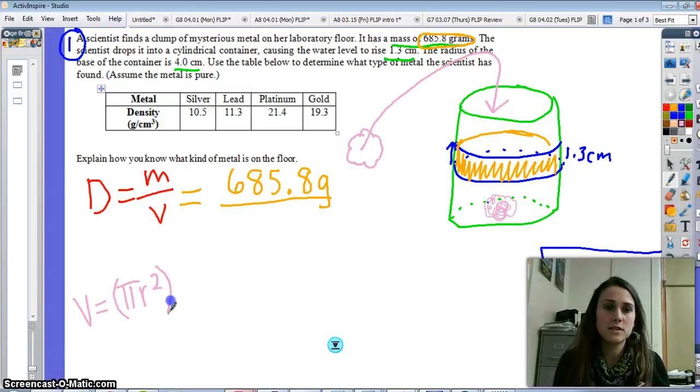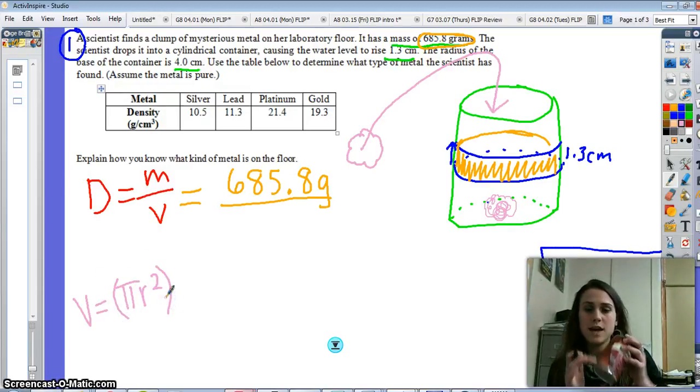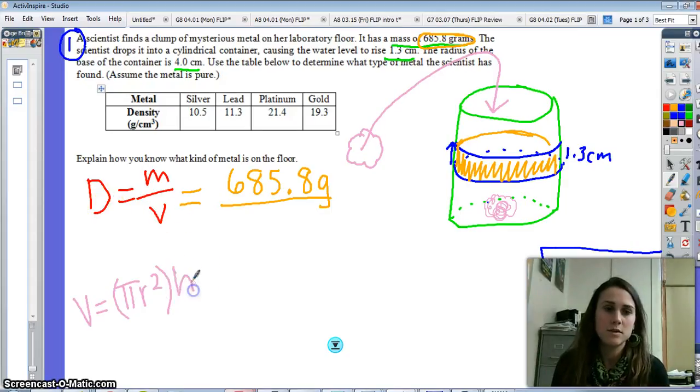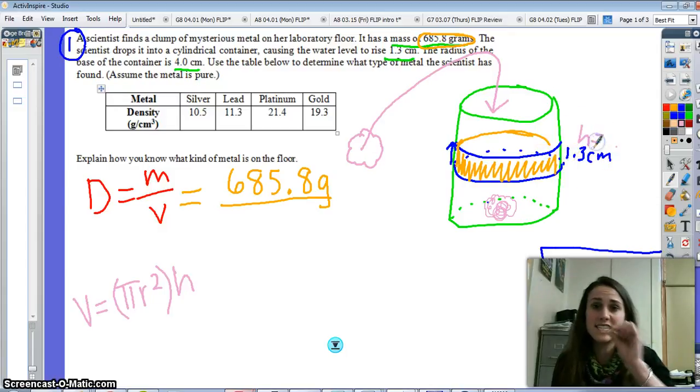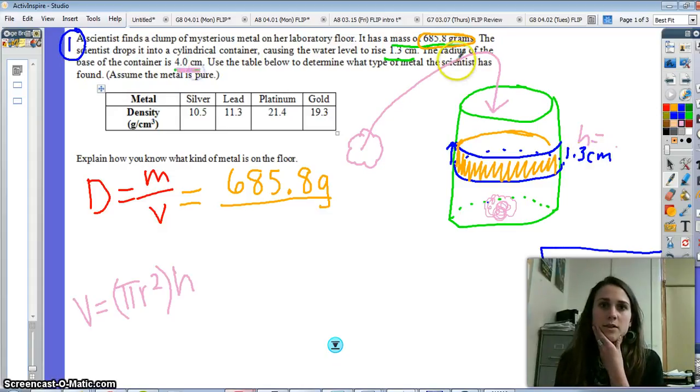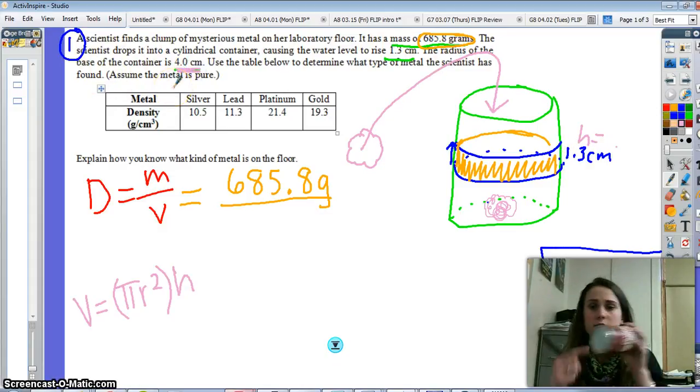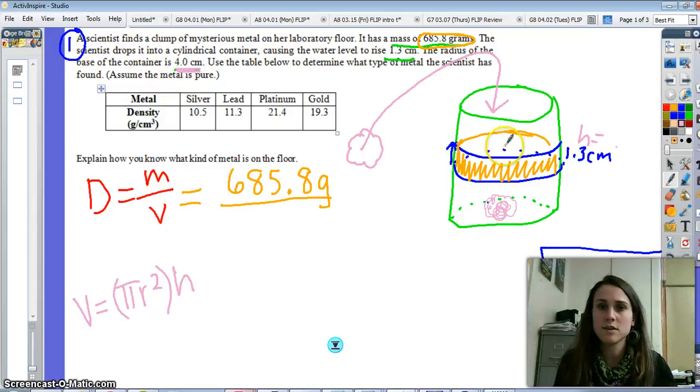And I know that to find the volume, I need to multiply that by the height, or the distance between the bases. So I need height and I need radius to be able to find the volume of this disk. Well, I know the height is 1.3 centimeters. That's the displaced water. Do I know the radius? Yeah, it tells us right here. The radius of the base of the container is 4 centimeters.